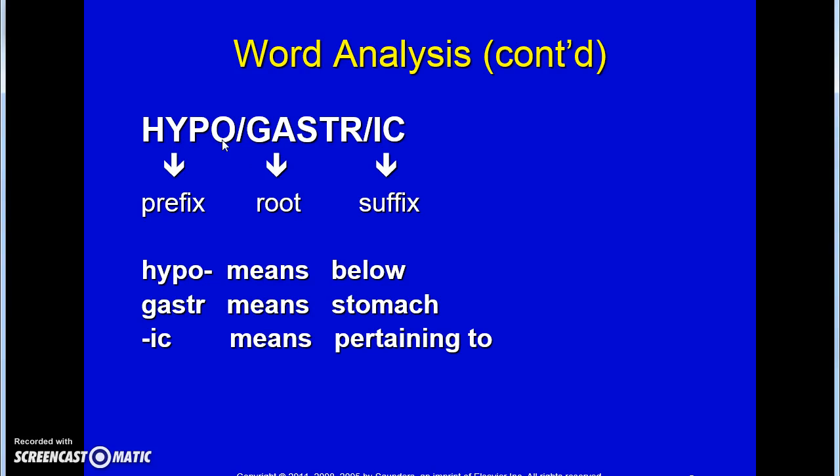So if I am reading this medical term, once again, using my rules for reading medical terms, I start with the suffix, pertaining to, below the stomach. So this medical term shows me an area of the body that is located just below the stomach on a patient.